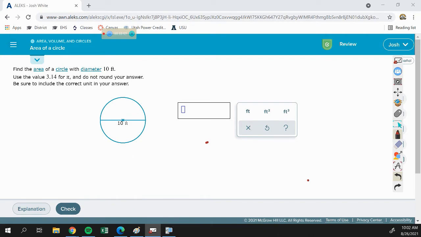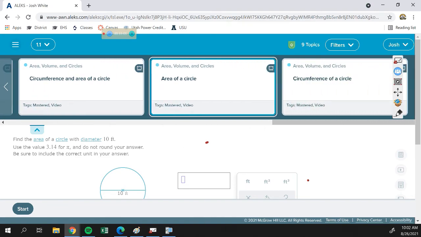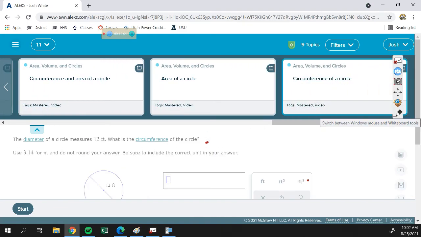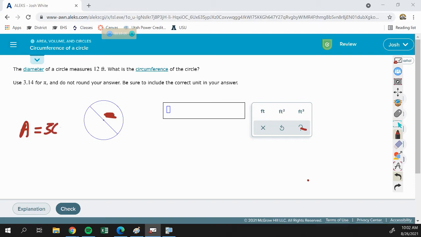This is the same type of problem. And same type of problem. I just am interested, if I had a circle and I told you that the area was 50 inches squared, could you tell me what the radius was? So area equals pi r squared.